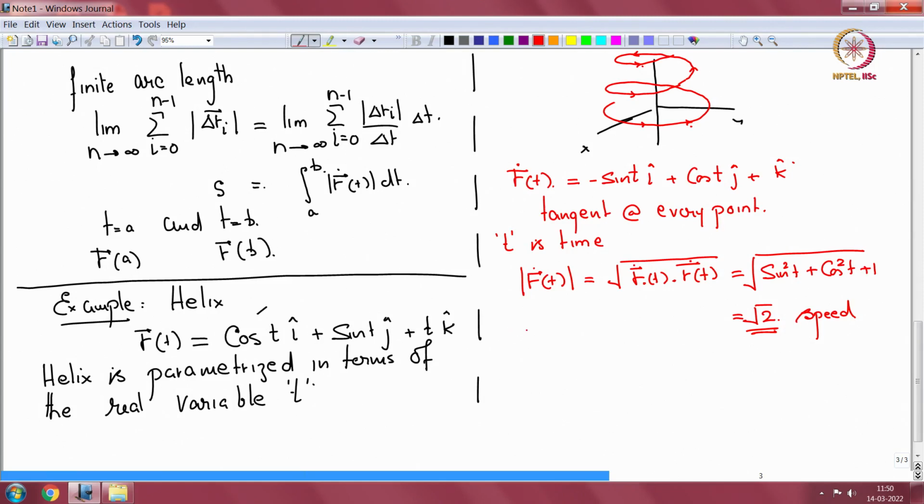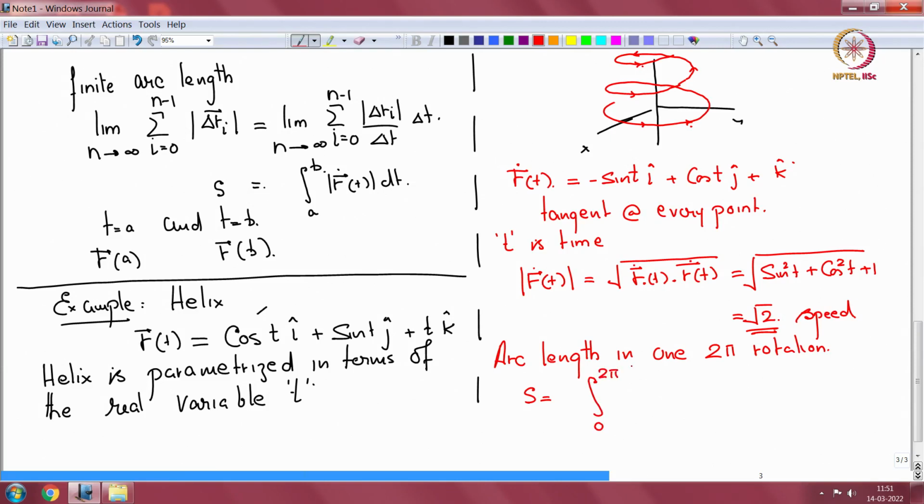And what is the arc length in one circle, one 2 pi rotation? What is the arc length? Okay, that S is equal to integral 0 to twice pi.